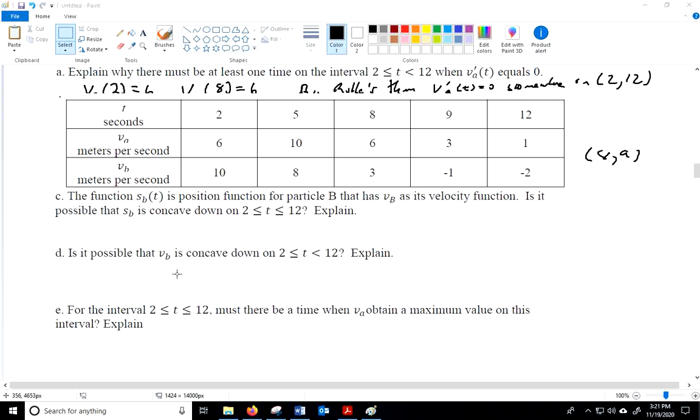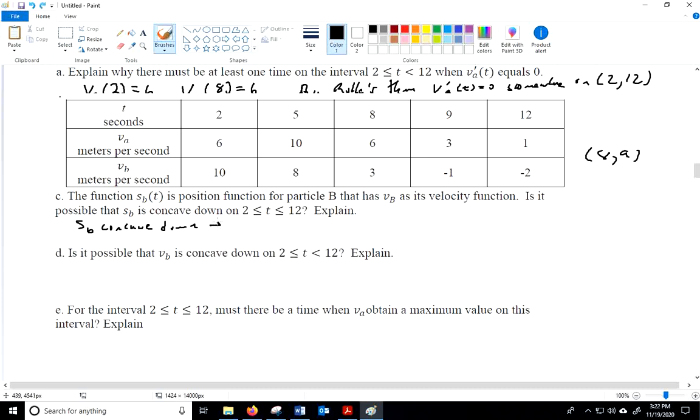Okay. Is it possible that S sub B is concave down? Okay, on that interval from 2 to 12. Well, if S sub B is concave down, what does that mean?